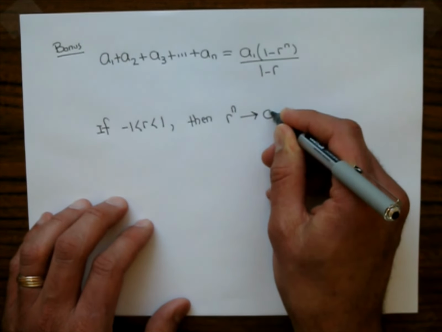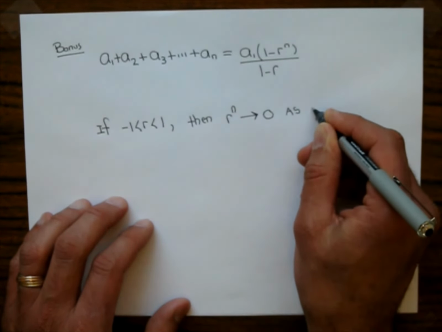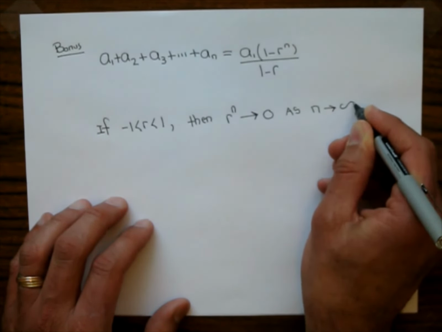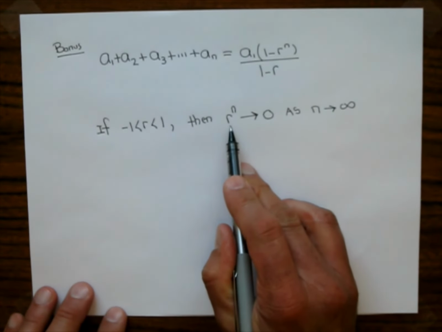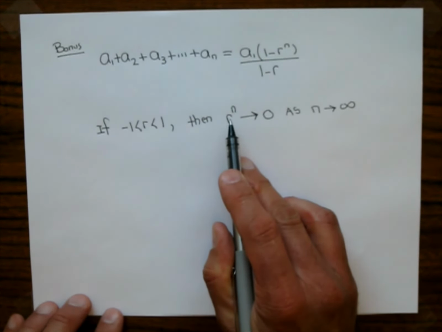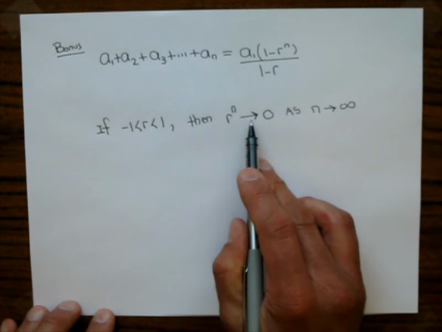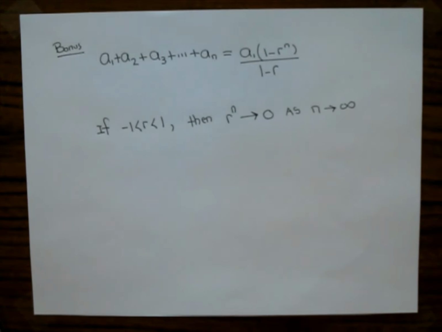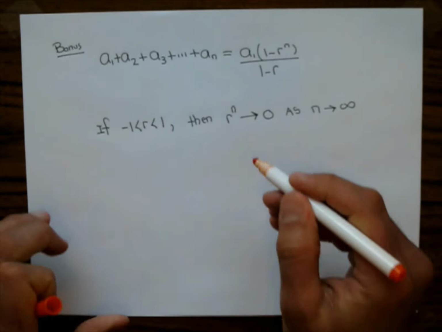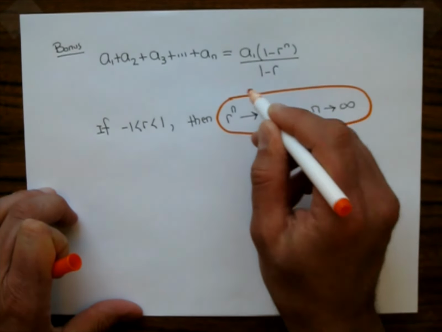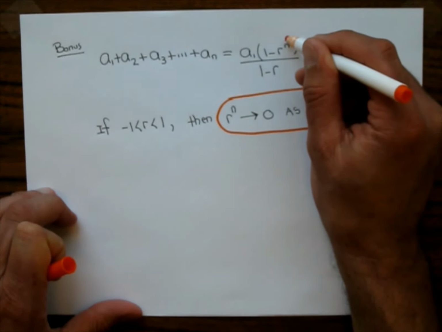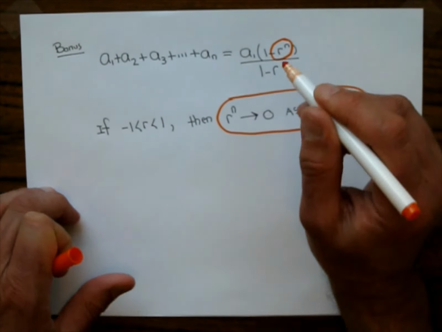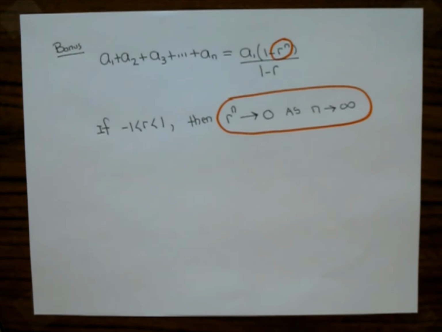That's going to go to 0 as n goes to infinity. So like you can go 0.5 to the 10,000th power, and you'll see that it's really close to 0. Well, knowing that r to the n goes to 0 as n goes to infinity means that as n goes to infinity, that thing right there is going to go to 0.